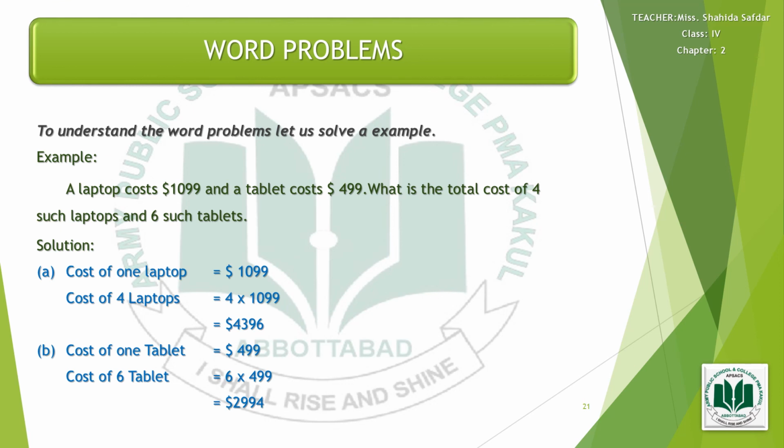Now cost of one tablet equals $499. So cost of 6 tablets equals 6 multiplied by 499, which equals $2,994.